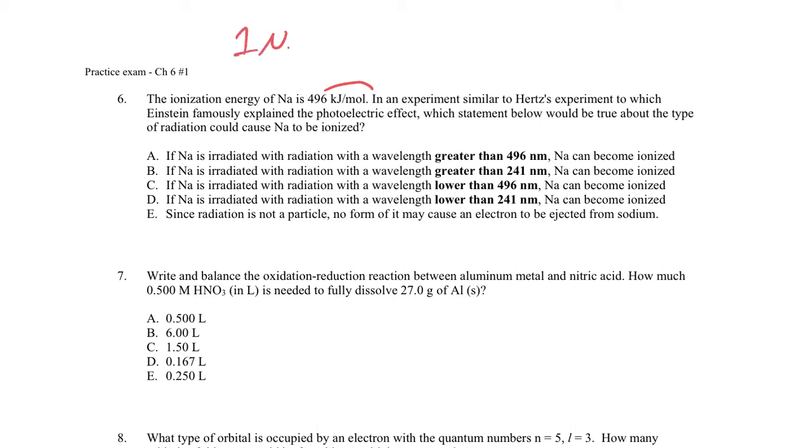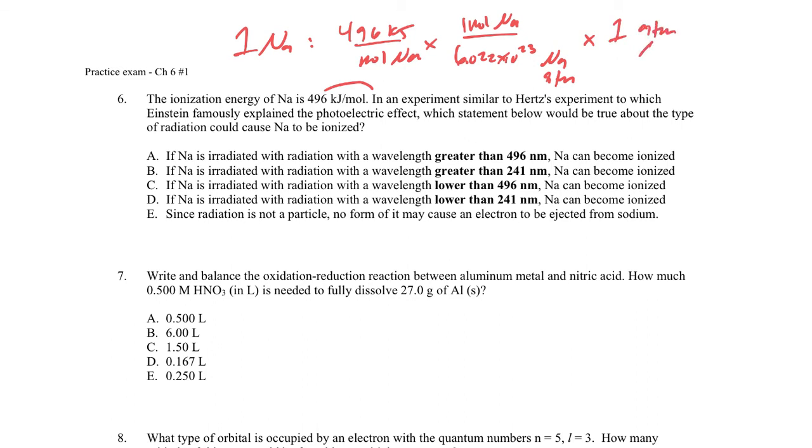So for one sodium atom, how much energy is required for it to be ionized? Well, it's 496 kJ per mole of sodium. 1 mole of sodium is 6.022 times 10 to the 23 sodium atoms. We want the energy for just 1 atom of sodium.